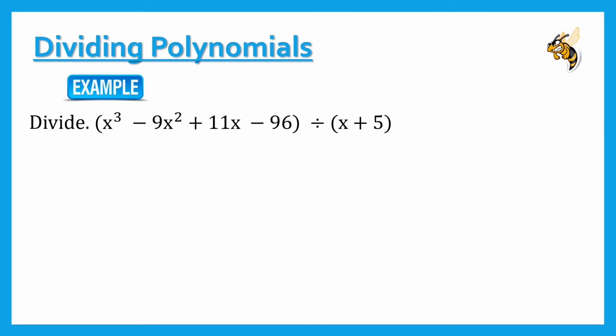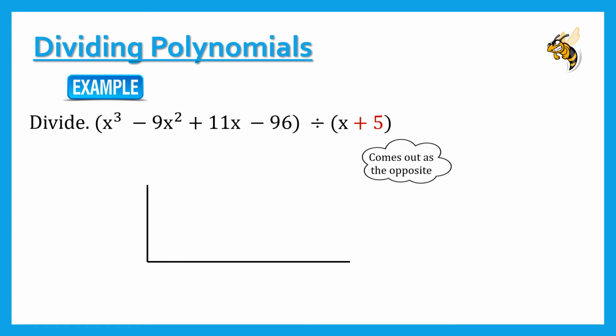To set it up, it looks like an L. We are going to take the plus 5 and put it on the outside, but when it comes out of the parentheses, it needs to come out as an opposite.